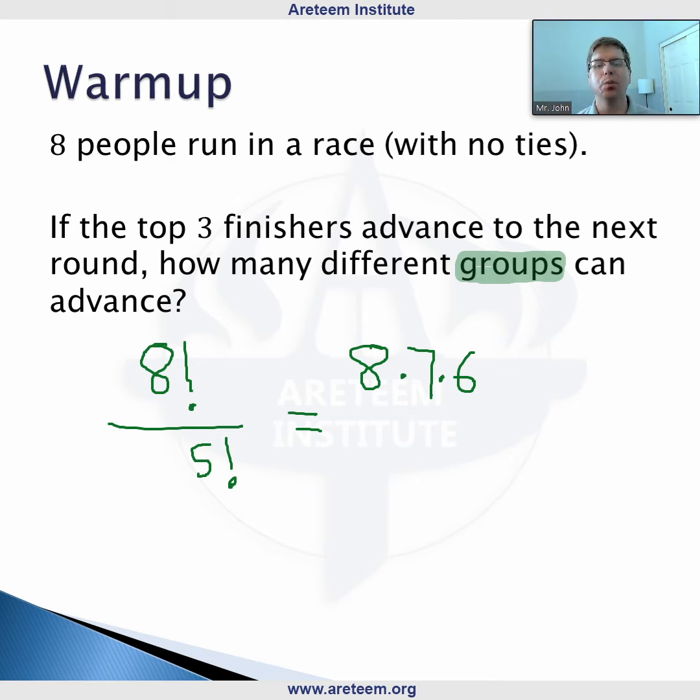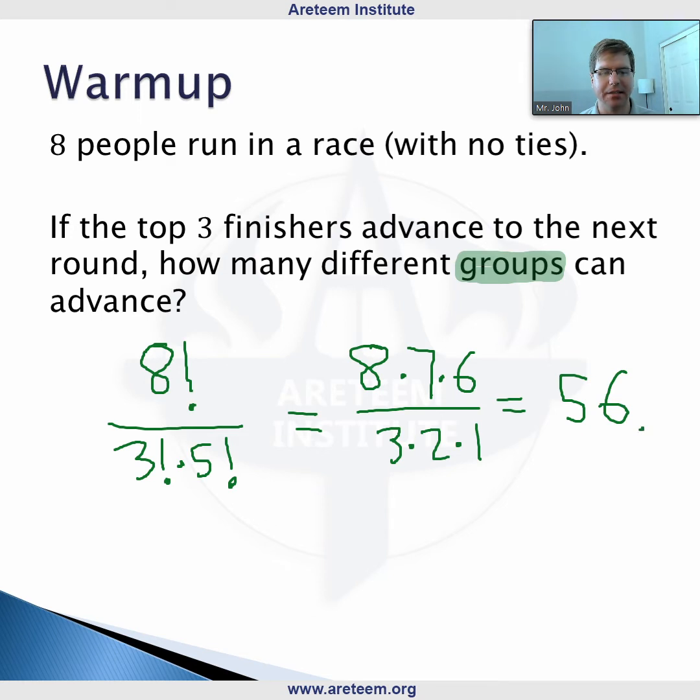They're just a group of 3, so we also need to divide this by 3 factorial. Think about how many ways 3 people could finish a race, right? 3, 2, 1, there. So when the dust settles, we can cancel the 3 times 2 and the 6. We're just going to get 8 times 7, which is 56 in this case.